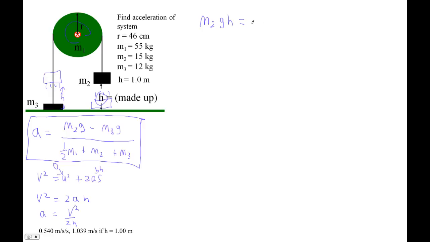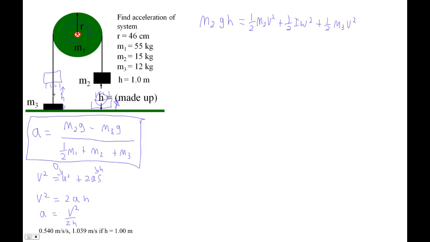So we're going to have 1/2 m2v squared, so that's this guy moving. We're going to have this guy moving as well, so 1/2 I omega squared. Then we're going to have this guy also moving, so 1/2 m3v squared.